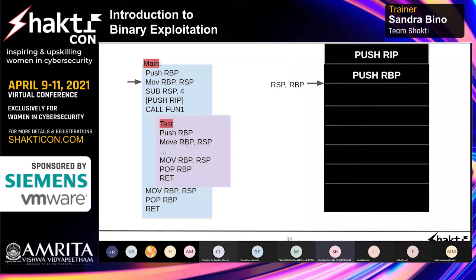Once push RBP is done, as you might all know, the push instruction pushes the value of the RBP register onto the stack. RBP always points to the bottom of the function stack, and it is pushed to the stack so that you know this is the bottom of the stack. When I assign any variables in this function, they have to be assigned below my base pointer.